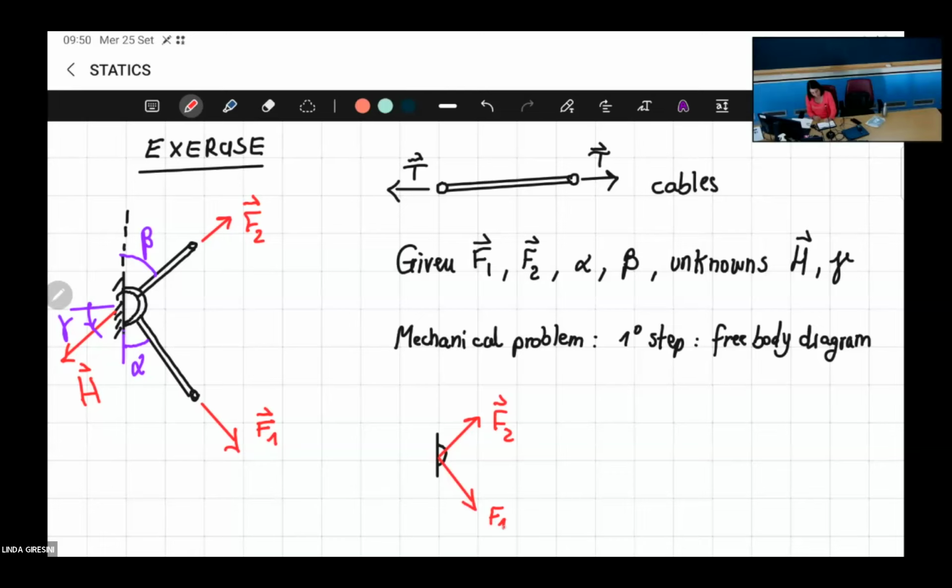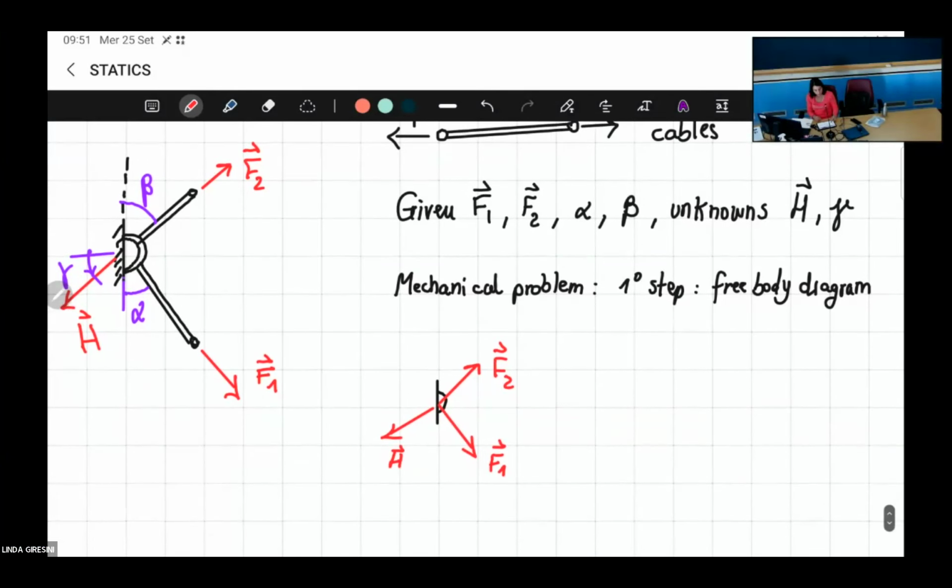In this case, it's not a symmetric problem. In the previous example, it was symmetric. In this case, no. And H. So this is the free body diagram. So basically, in this case, we need to focus on the force polygon.